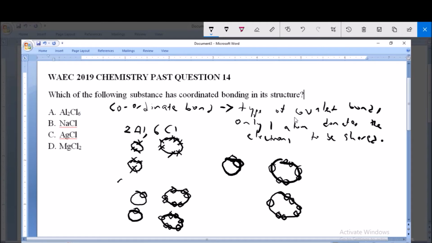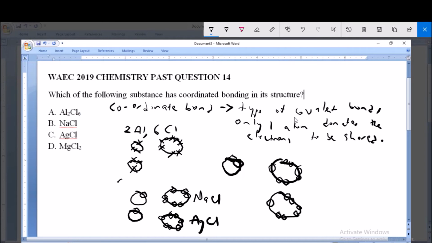So that is it. Now the first thing we have to rule out is that, from the way it looks, sodium chloride and silver chloride cannot be coordinate bonding, because looking at the structures of the atoms, what happens here is electrovalent bonding, because sodium and silver respectively will donate their valence electron to chlorine in order to form the product.